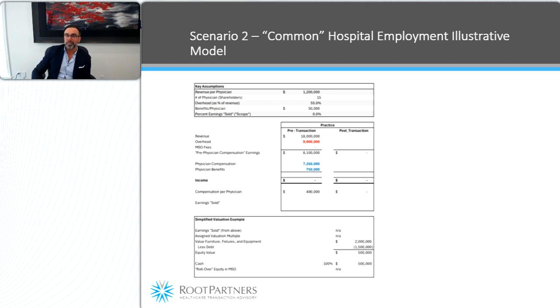Because there are no earnings. Why? Because most physicians who join a hospital and become employees of a health system or one of their subsidiaries are looking to maintain or increase their compensation post-transaction, subject to fair market value constraints.